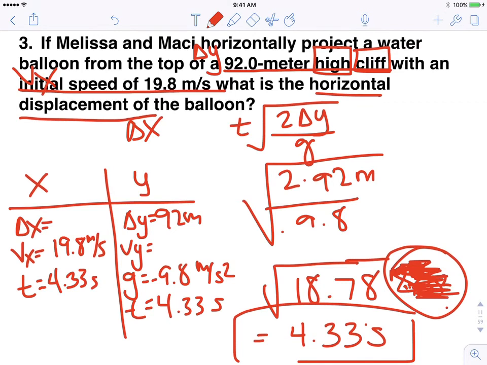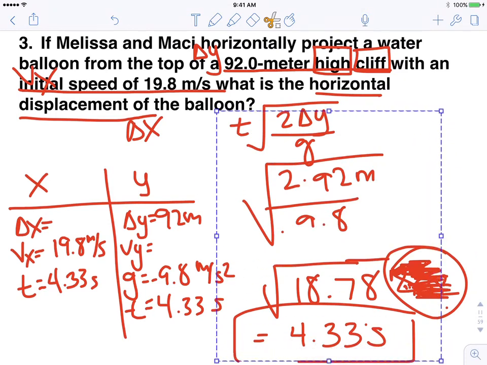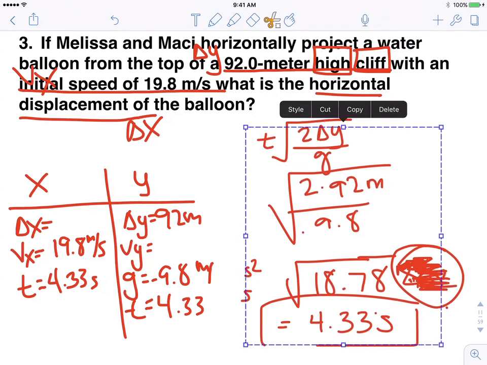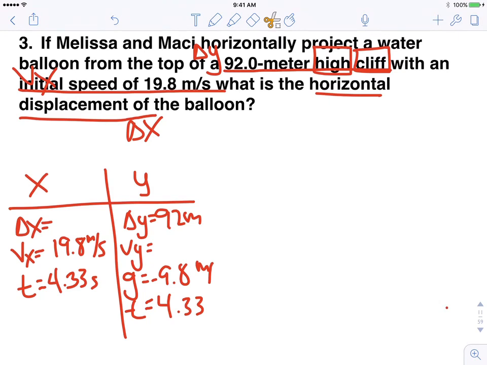Okay? All right, and now we have to solve for what it originally asked us to solve for. We just had to figure out time first. Okay, so now we have two variables in the x direction right here. That means with two variables, we can use those to solve for the third, and that's with any kind of algebraic equation. You always need two variables known. Now we have them.